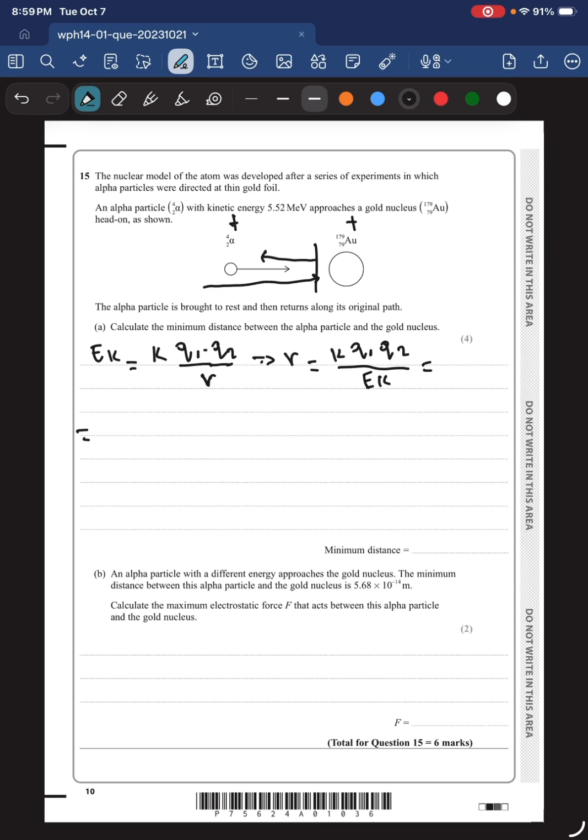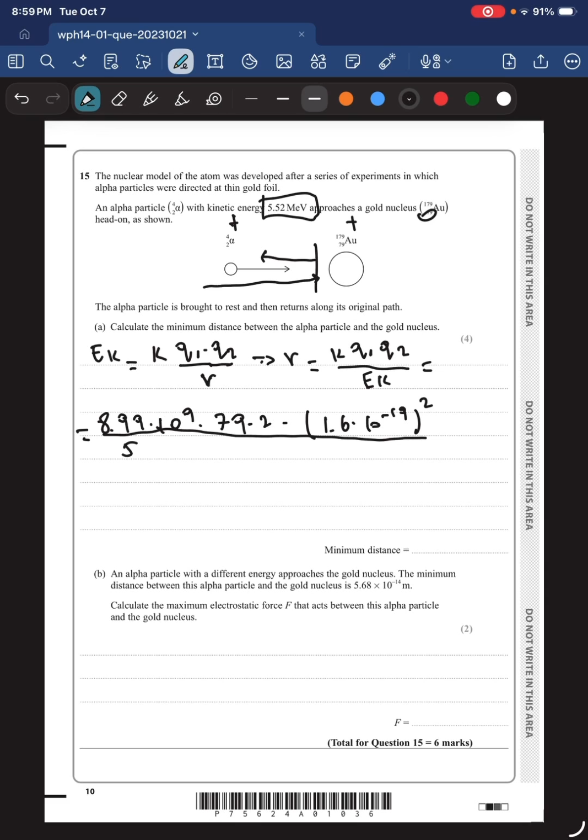And if we plug in numbers, K is equal to 8.99 times 10 to the 9, times 79, which is the atomic number of gold, times 2 for the charge of the alpha particle, and times 1.6 times 10 to the negative 19 coulombs squared, which is the charge of one electron, over the kinetic energy, which should be converted to joules.